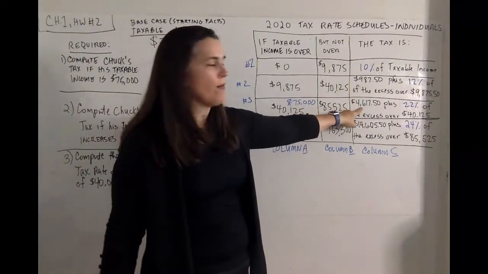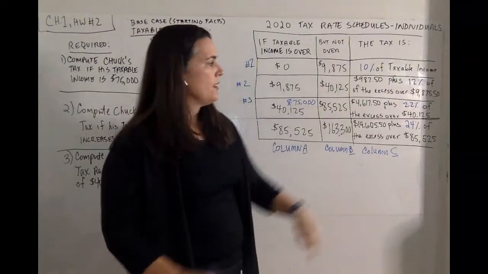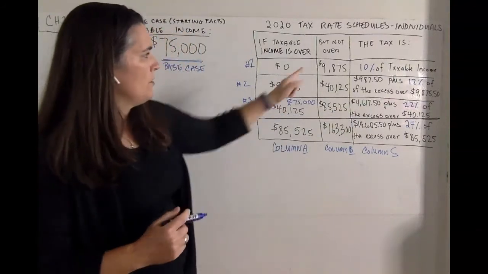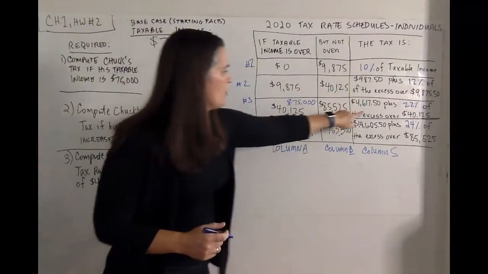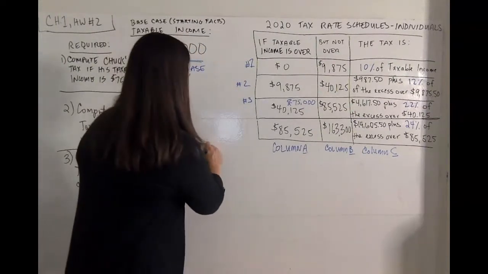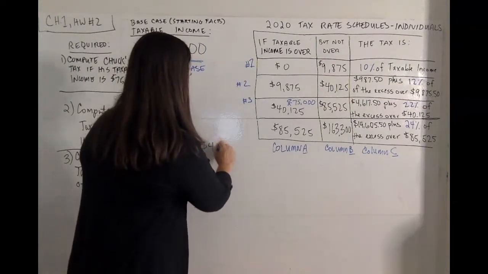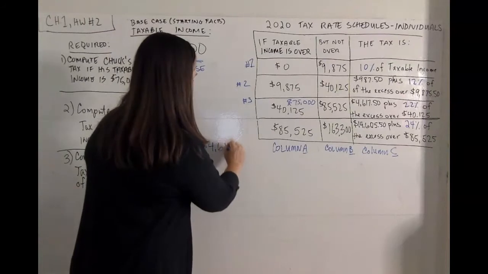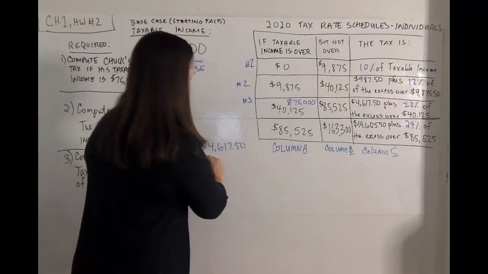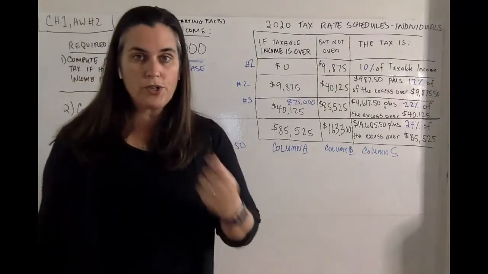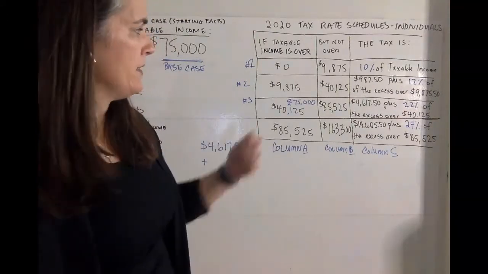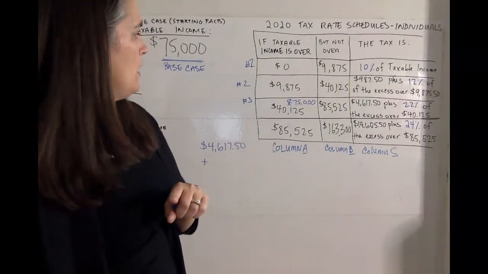Now we have to follow that rule. The rule is going to tell us the tax for Chuck is going to be $4,617.50 plus 12% of the excess. I'm reading the table now. I'm sorry, 22%.